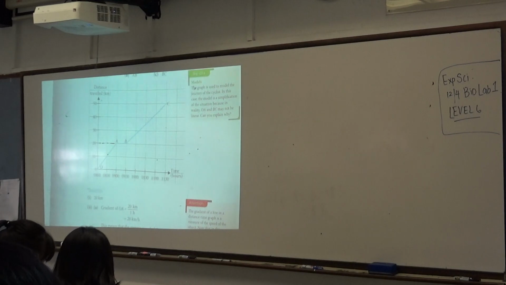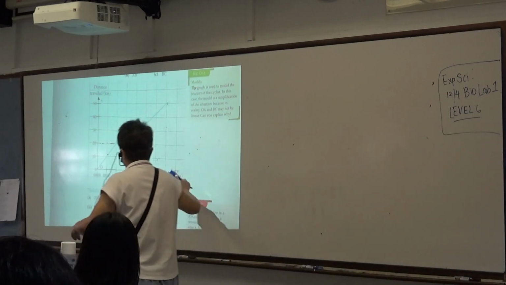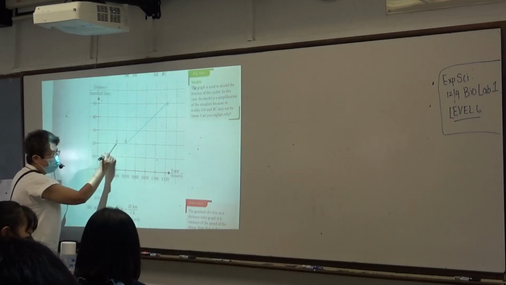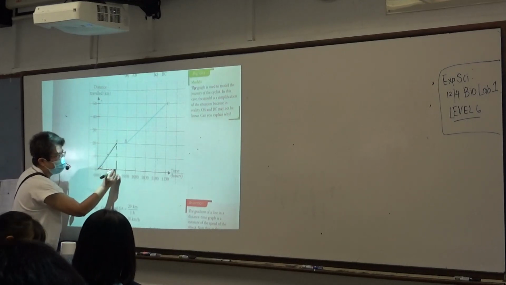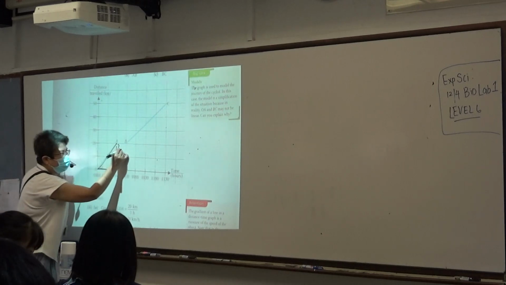Okay? Now, next question. Second question. Find the gradient of each of the following line segments, stating clearly what each gradient represents. Now, OA. Let's look at OA. Now, OA is a positive gradient, am I right? How many units? 20.